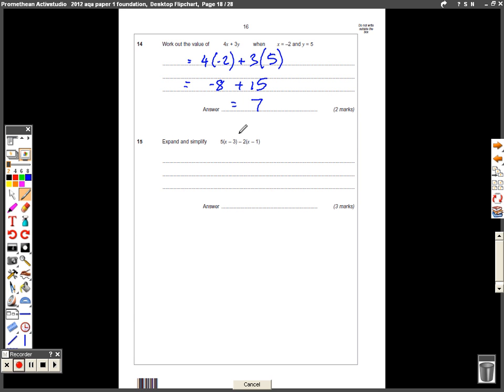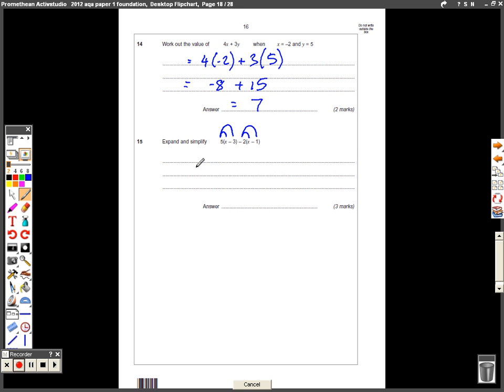Next question, we've got 2 sets of brackets. So we need to take the thing on the outside and multiply by each of the things on the inside. And the common mistake here would be about this negative in the middle. Now that's a -2. So that -2 needs to be multiplied by x, and it needs to be multiplied by the -1.